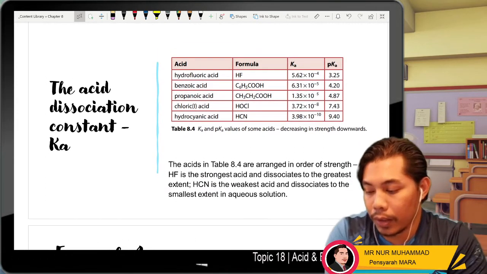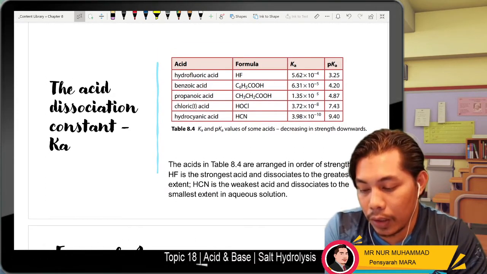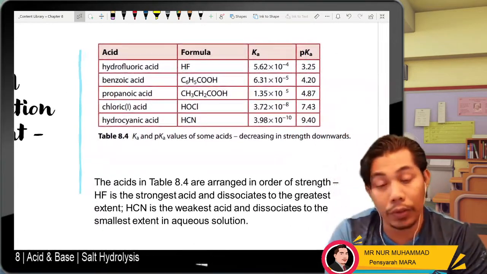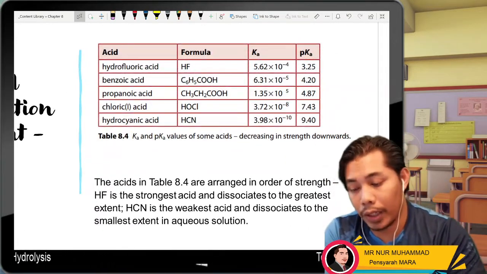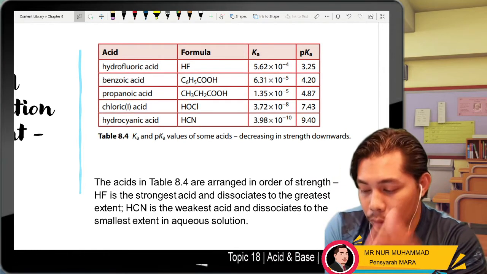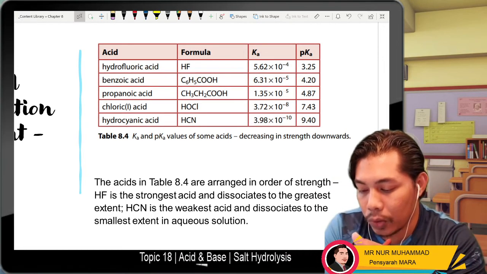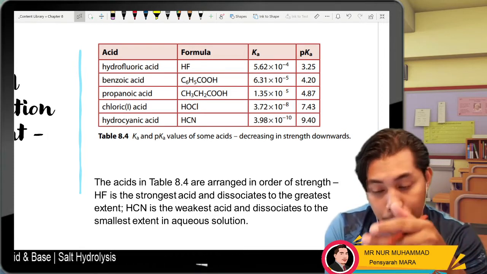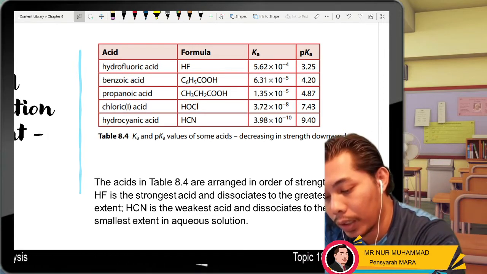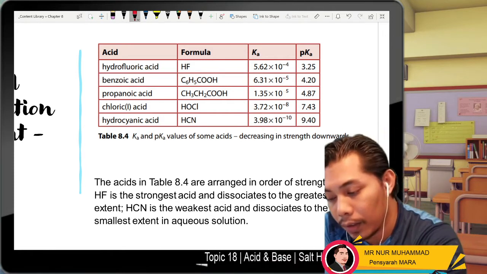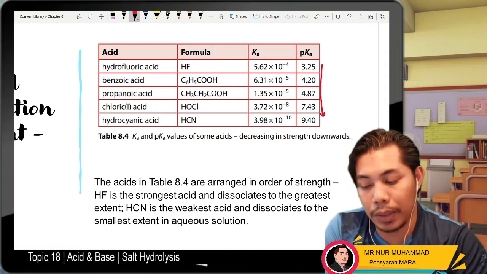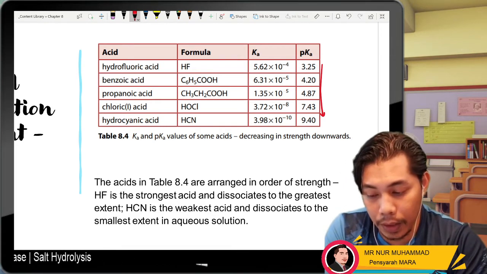So this is the dissociation constant Ka. Here I list down a few types of acid. You can see the pattern from hydrofluoric acid to hydrocyanic acid: the pKa increases. We know that when the pKa increases, the strength of the acid becomes weaker.